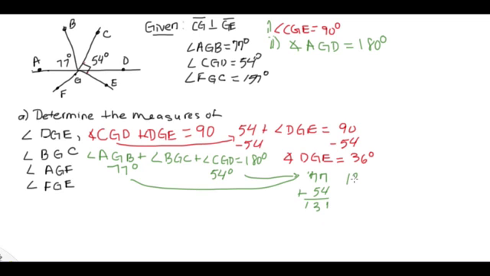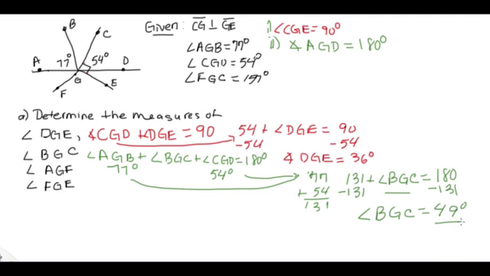Now I know that 131 plus angle BGC equals 180. I subtract 131, and I'm left with angle BGC equals 49 degrees.